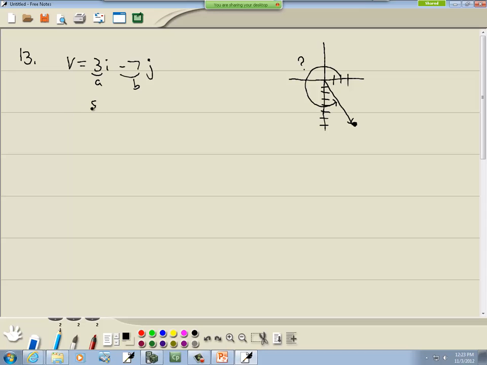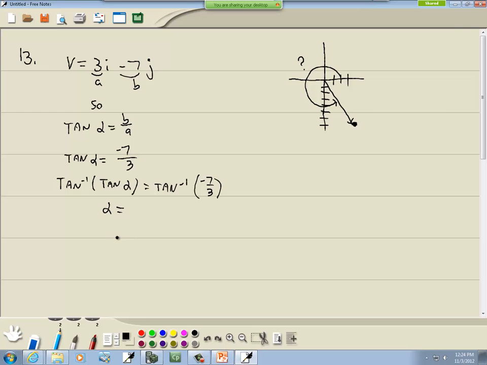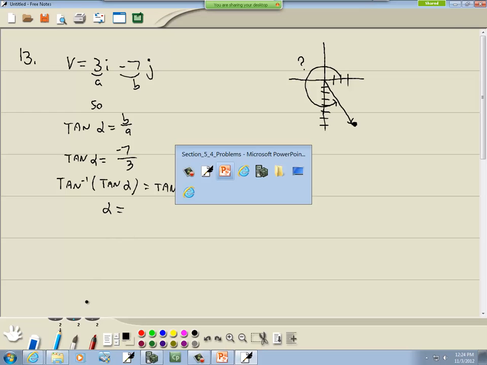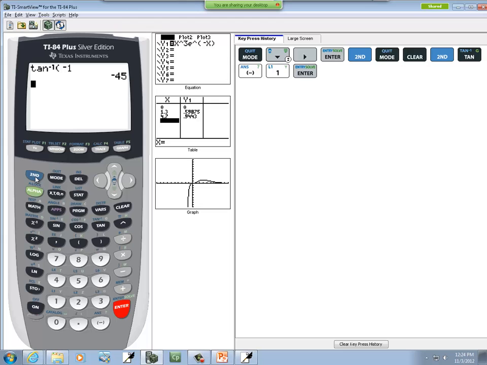So then, we got tangent alpha is equal to b over a. Tangent alpha is equal to b, which is negative 7, over a, which is 3. We'll go ahead and take the inverse tangent of both sides. Arctangent, if you learned it that way. There we go. Those cancel each other out, and you got alpha is equal to something. Let's see.